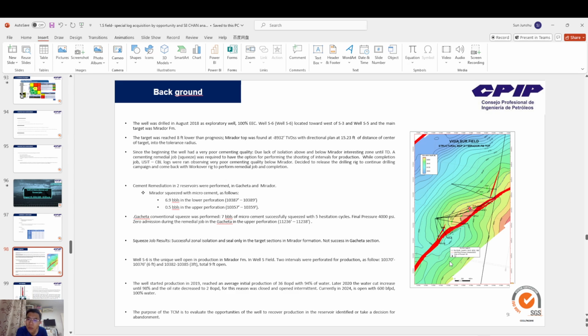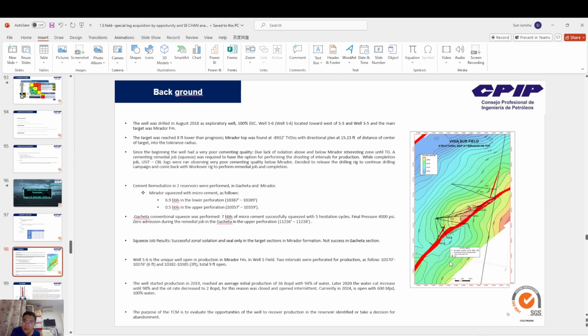Zero admission during the remedial job in the Gajita upper perforation from 11,236 feet to 11,238 feet. Squeezing job results: successful zonal isolation and seal only in the target section in the Mirador formation, not successful in the Gajita section.